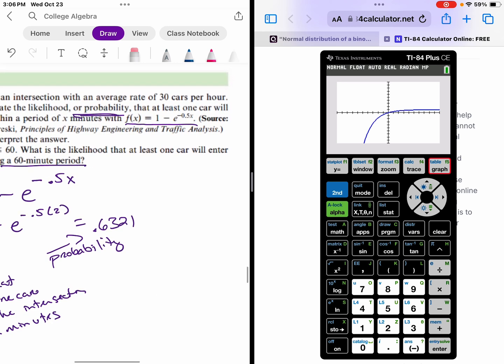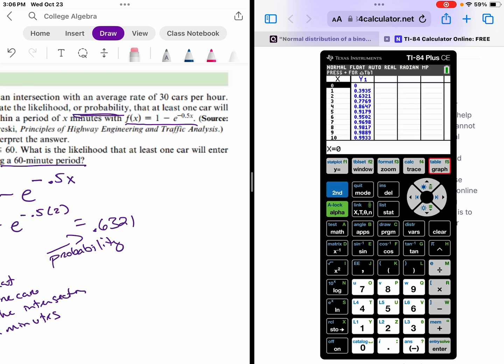So as I zoom in and look at the table, I'll notice as x is minutes, and I scroll down the column here, at 10 minutes, there's a 99% chance that within 10 minutes, somebody enters the intersection. 13 minutes, getting closer, and keep going. And notice even here at 17 minutes, there's a 99.98% chance at least one car will have entered that intersection.